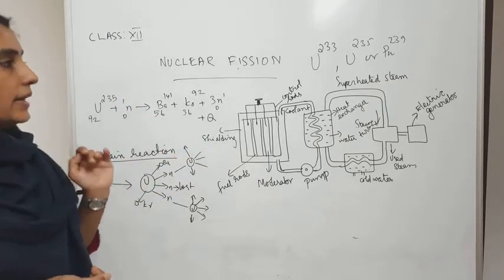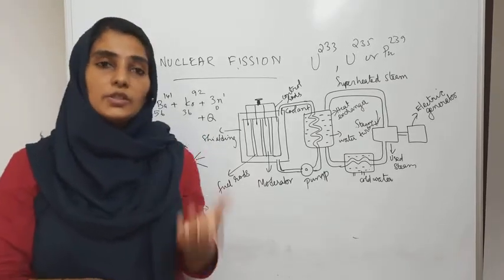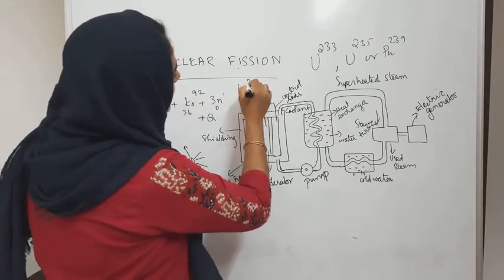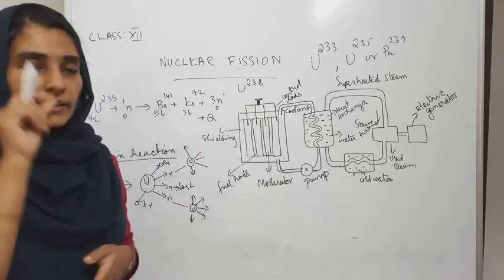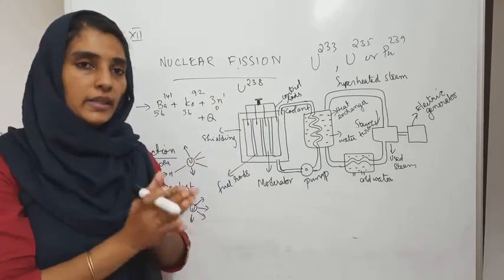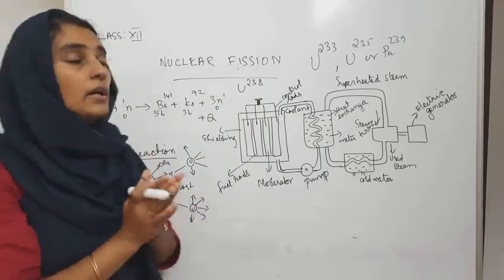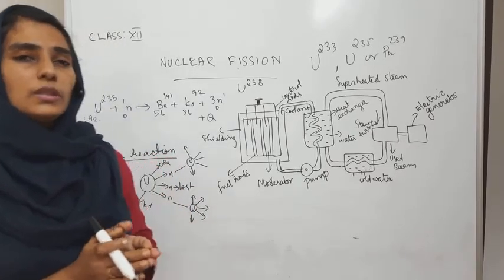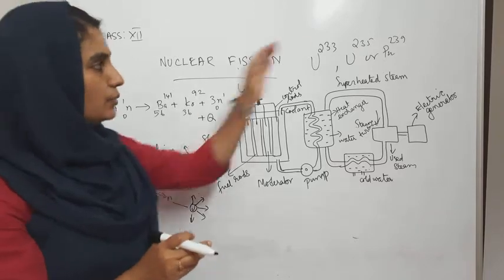Now, uranium 235 is an isotope of naturally occurring uranium. Naturally occurring uranium is mostly uranium 238; 1 kilogram of natural uranium has almost 0.7 percent of U235.